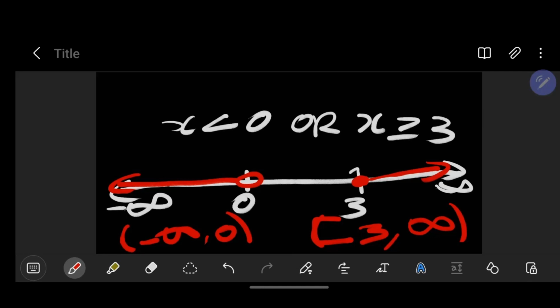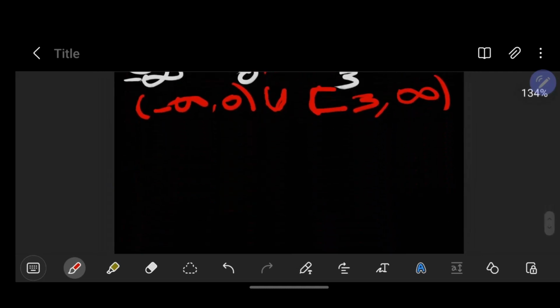We know that no points here can intersect. We can see it right here. So we'll use the union symbol, the upside down U. It greatly associates itself with the word or. So when you see or, you are most likely going to use union, and you'll have 2 subsets.